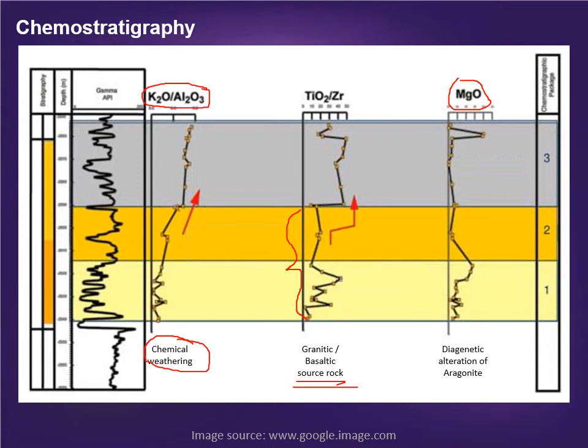So the higher concentration of MgO occurs due to diagenetic alteration, but in these cases you can see the MgO concentration is more or less fixed. That means diagenetic alteration in these cases is very poor. Only in this portion does the MgO concentration become very high. That means during the deposition of sediments in this time interval, the sediment suffered a major diagenetic alteration, which can happen due to various reasons.